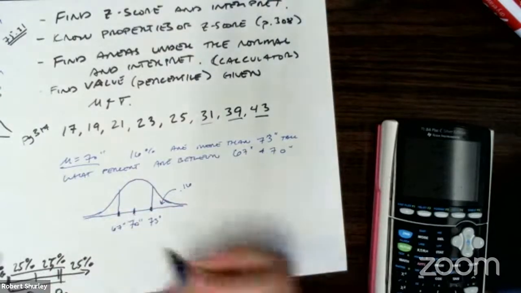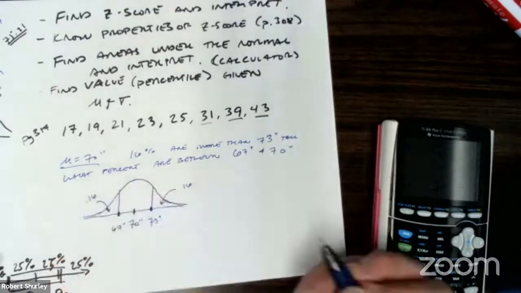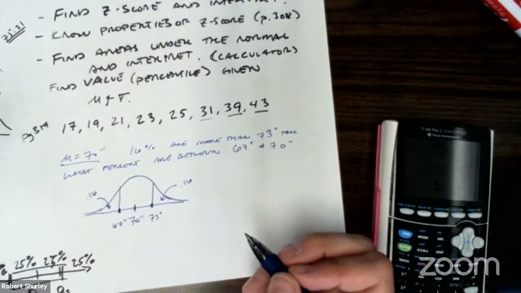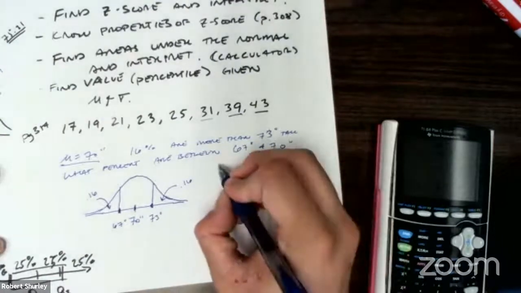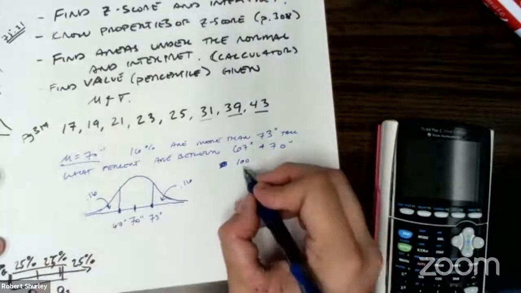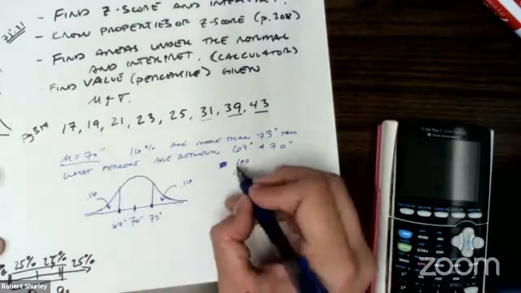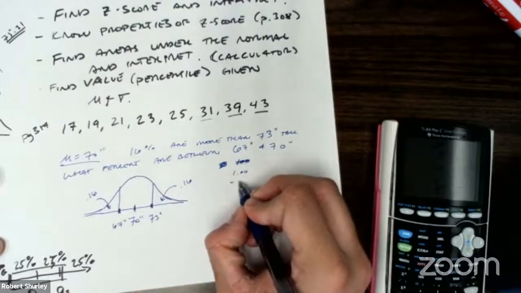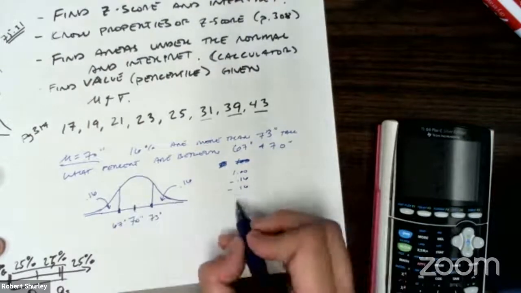So that means that this tail right here is 0.16 as well. Now, I'm going to do a little math here. We know 100%, or we'll say 1.00, lies underneath everything, right? And we're going to subtract off 0.16 and 0.16 to find out this gap in between.